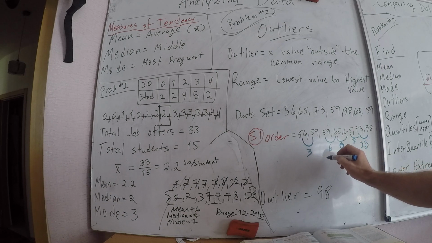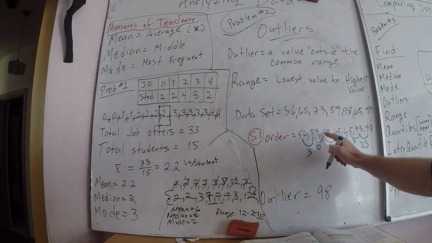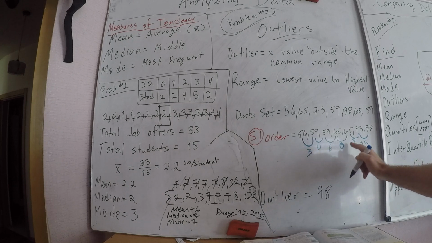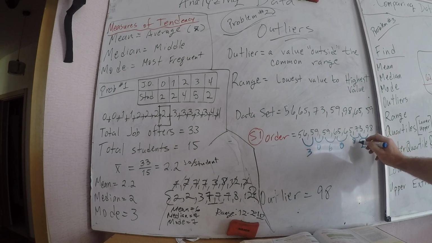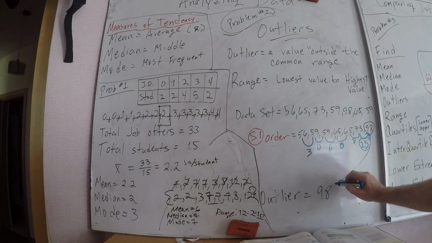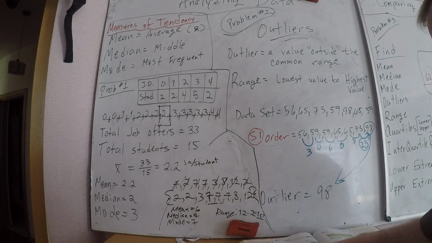There's a difference of 6 there. There's no difference between 59 and 59. 3, 0, 6, 0, 8. These are all okay, but this guy, 25, this is too big of a difference. So 98 is definitely an outlier. They have multiple choice, so you chose C, right?